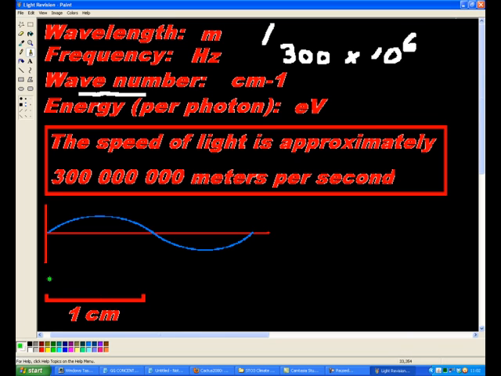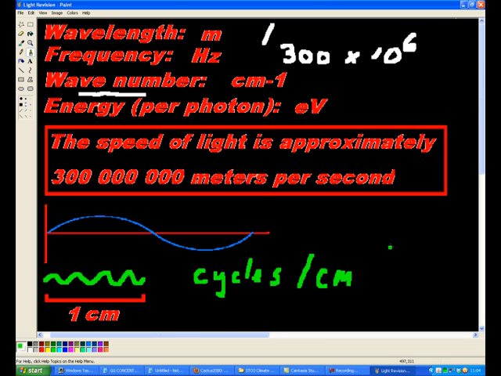For example, let's do a little experiment: 1, 2, 3, 4. So this green line here would have a wave number of 4 cycles, or waves, per centimeter.